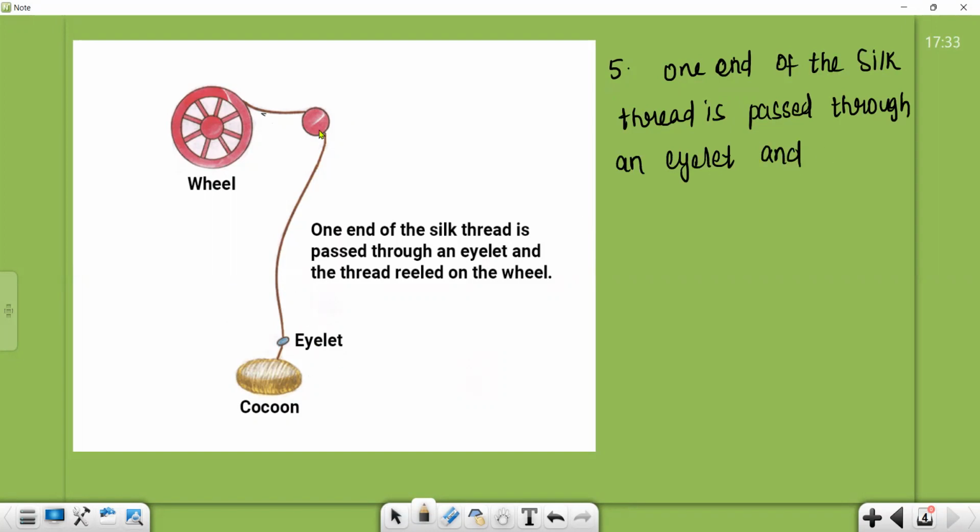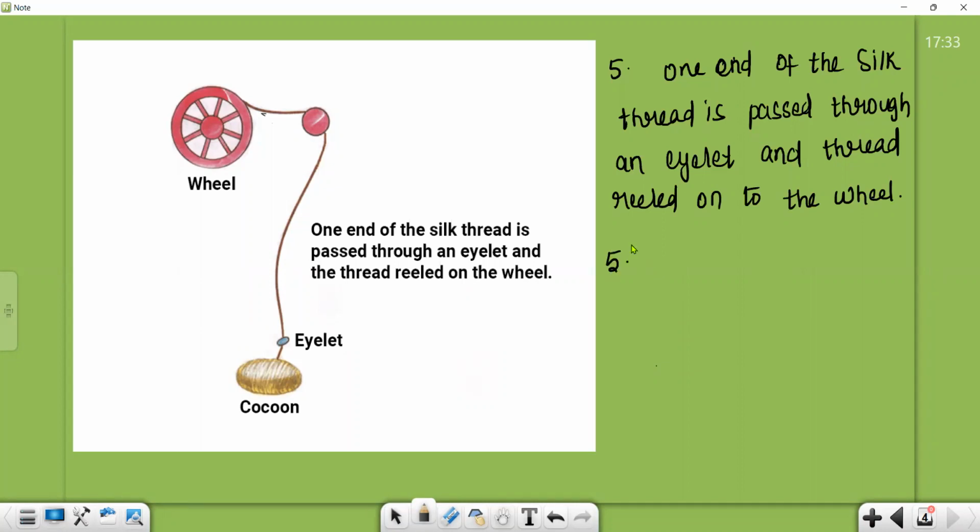After passing through the eyelet, the thread is reeled onto a wheel. Okay, clear?